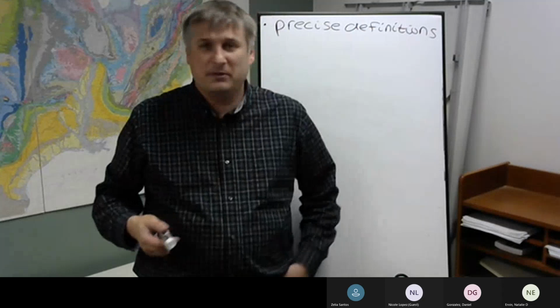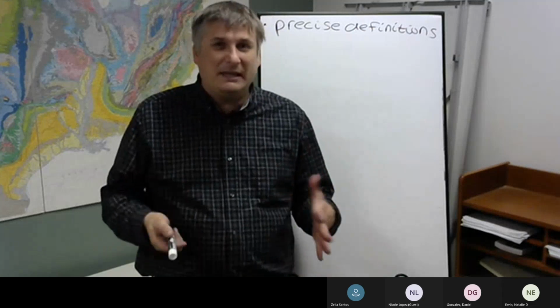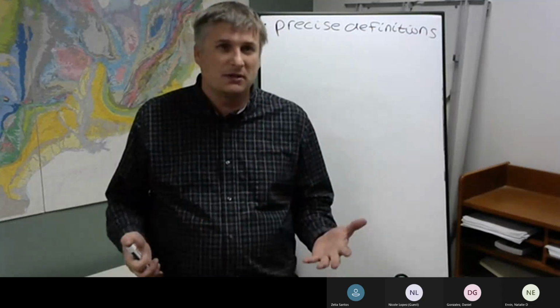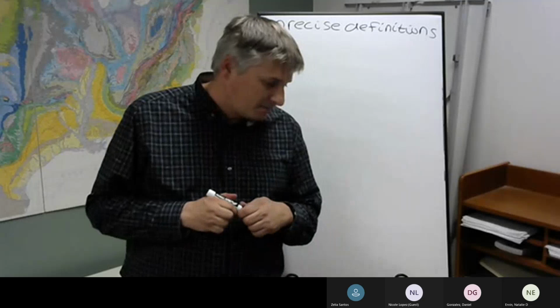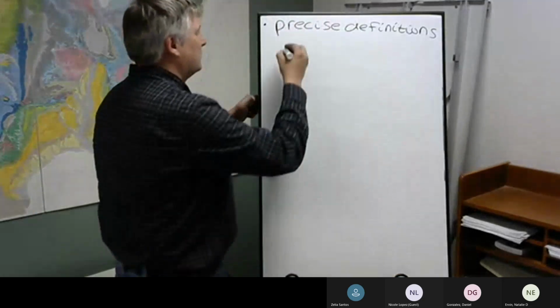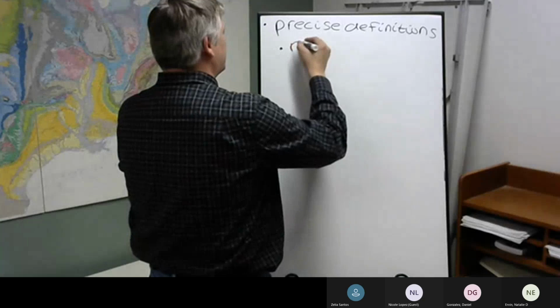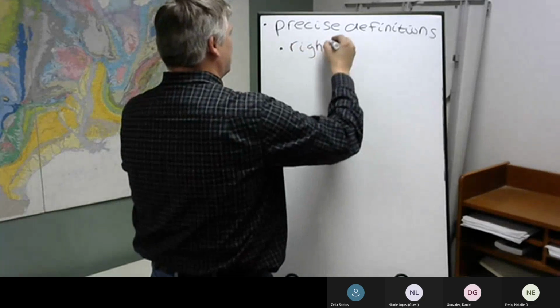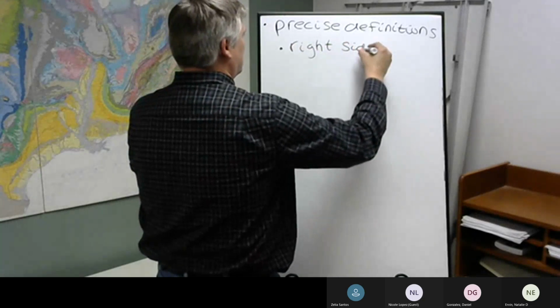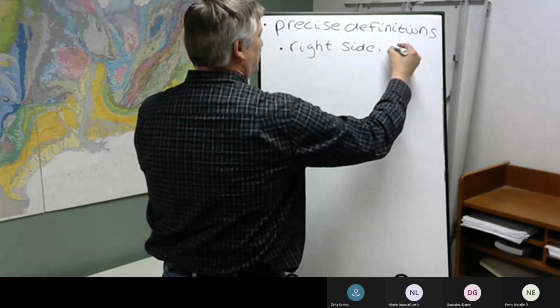So hopefully that gives you a little bit of ease so you can focus on the proofs for the third section. Let me go through what these definitions are. So first off, we have the right side. With a plus.